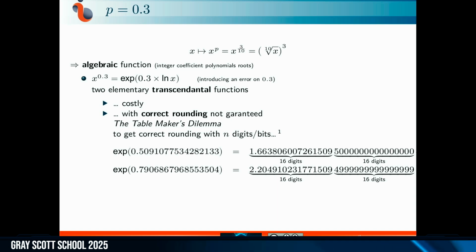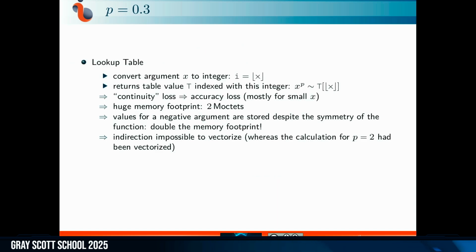So you have already seen the table maker's dilemma. As for the lookup table that the physicists chose to use to improve the speed of their evaluation, they decided to convert the argument of their power 0.3 to an integer first, then return a table value t indexed with this integer.